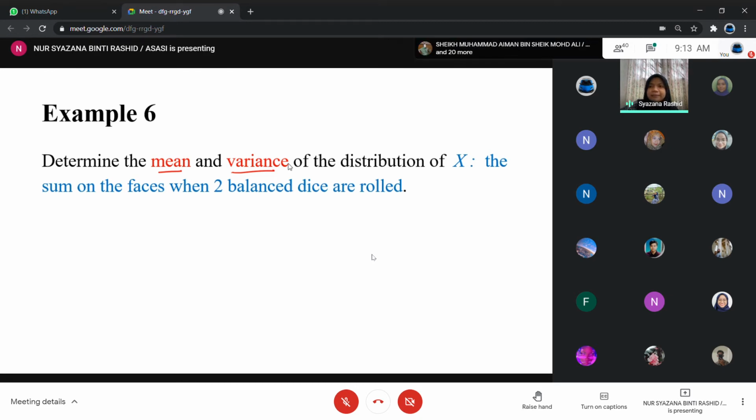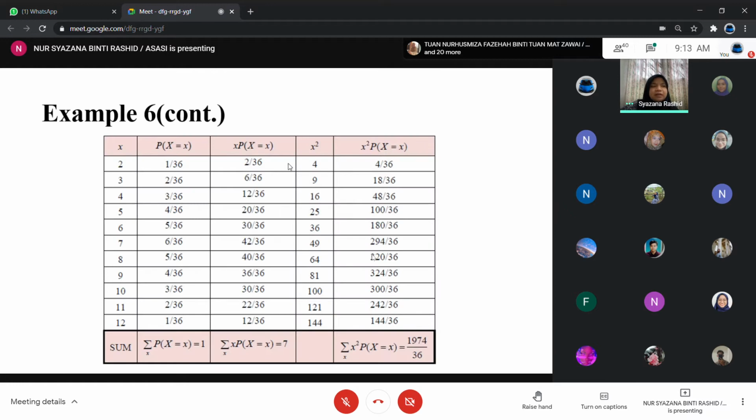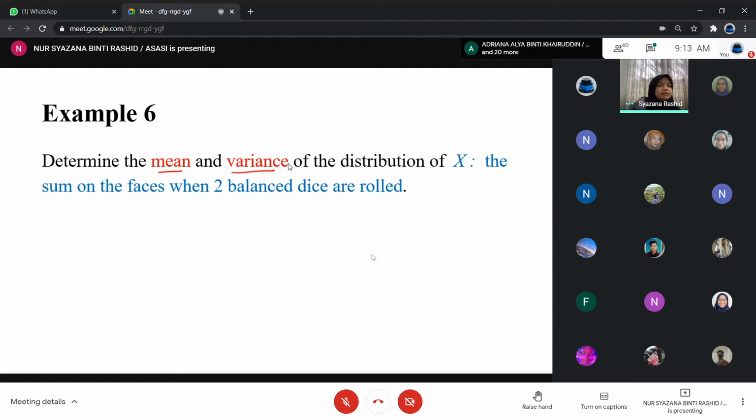You akan guna table. Okay, kejap. Tadi kita dah ada table kan? Kita dah ada table X, first row. And then kita ada PX, second row. So you add another row.